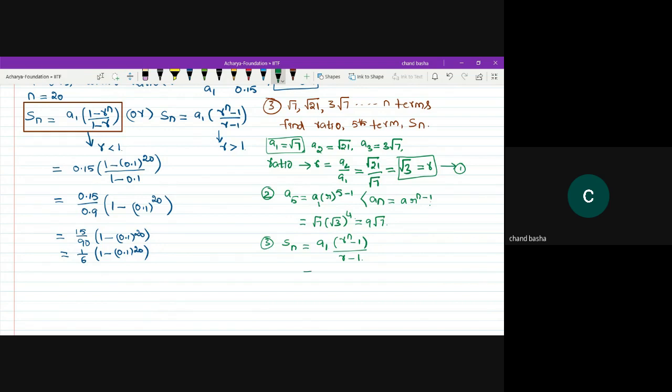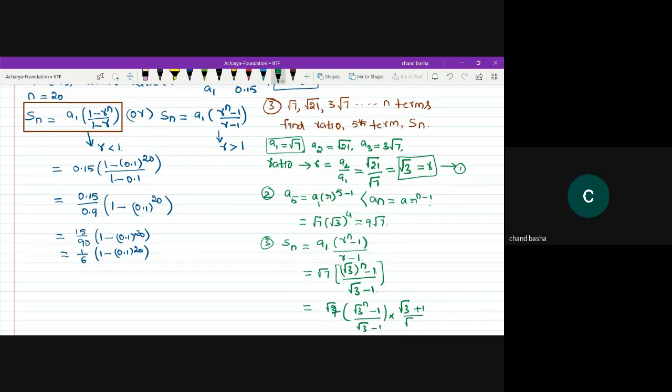Now this is equal to Sn formula, A1 value already root 7, and we have root 3 whole power n minus 1 divided by root 3 minus 1. I cannot split this, you can keep as it is, and for our convenience we can rationalize it. Root 3 minus 1, you can rationalize it, guys, multiplying by root 3 plus 1 divided by root 3 plus 1.